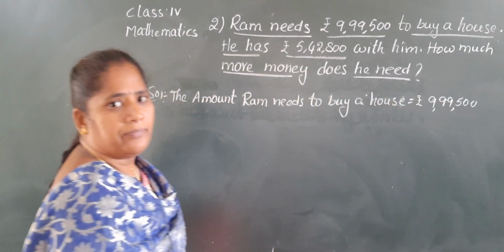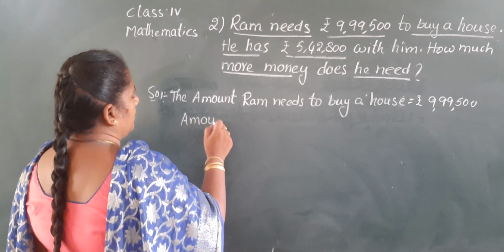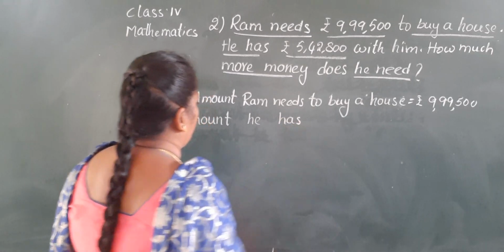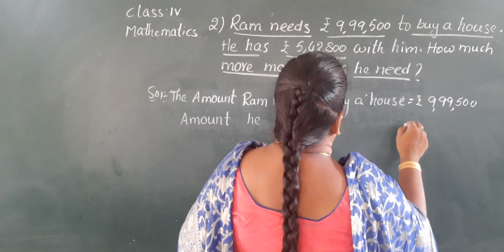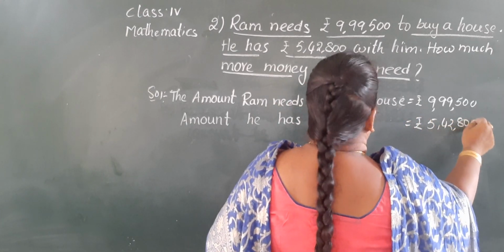Okay? Now, amount he has. How much amount he has? Yes, the amount he has is only 5,42,800.